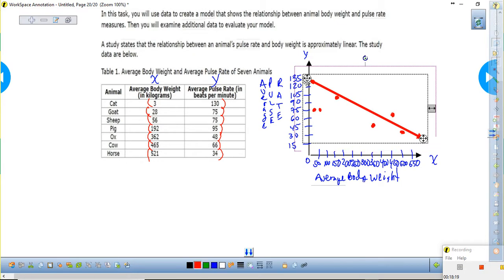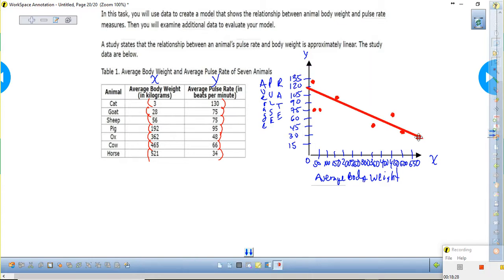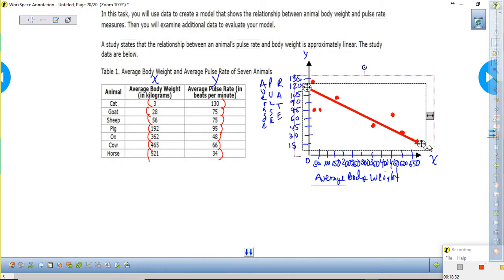Yeah, I'm going to move it down a little bit about right there. Is it close? Okay, now I'm going to move this one down a little bit more. About right there. How many points above? 3. How many points below? 3, and it's going through this point. I think that's the best fit line.